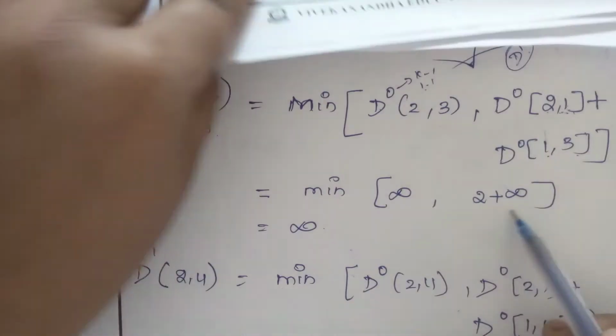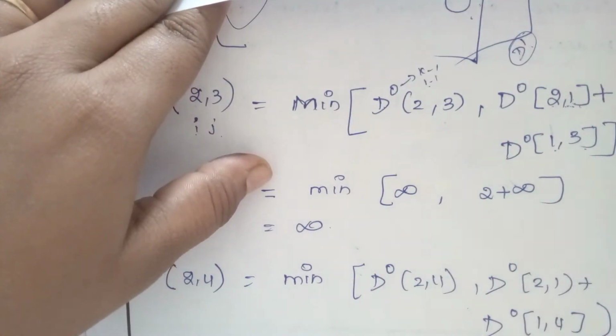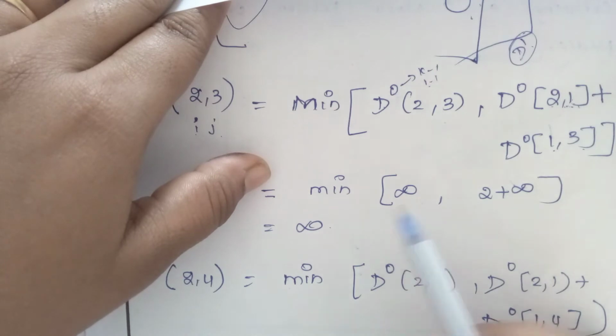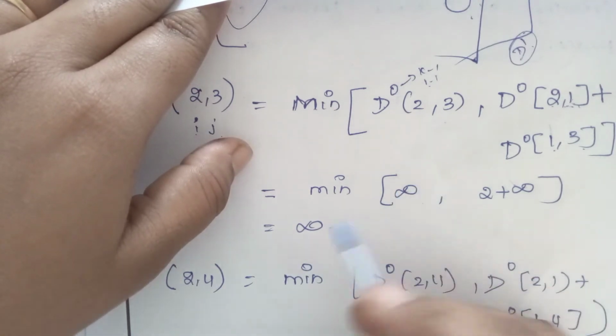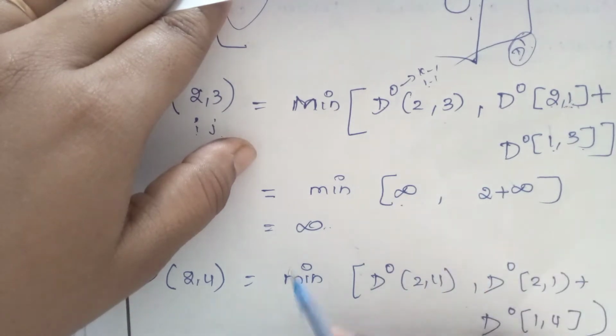See, 2 plus infinity means infinity is a big value, 2 plus that also becomes a large value compared to infinity, so the minimum is infinity. I am going to select the minimum value, so I am choosing infinity, okay.